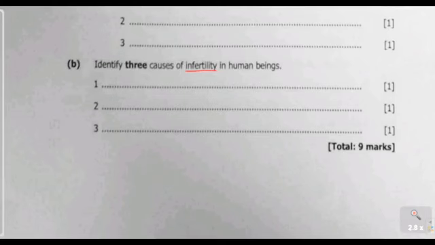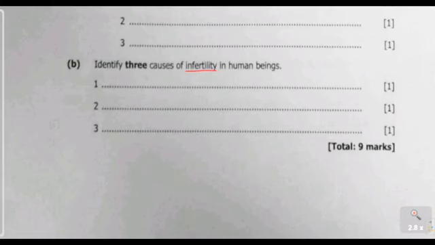If you look at some of the conditions that affect a woman's fertility, we can have damage to the fallopian tubes. If the fallopian tubes are damaged, it becomes very difficult for the woman to conceive. Also, if a woman has ovulatory problems, this can also cause problems to conceive, meaning that the release of the eggs will be very difficult for that woman.